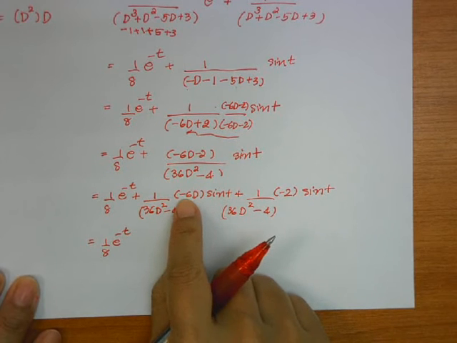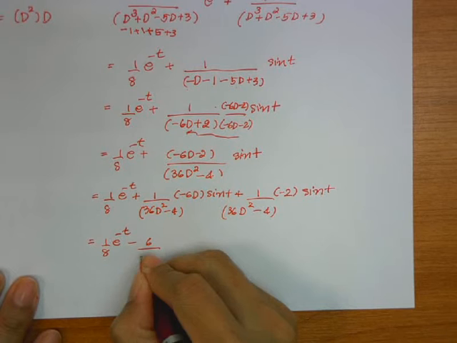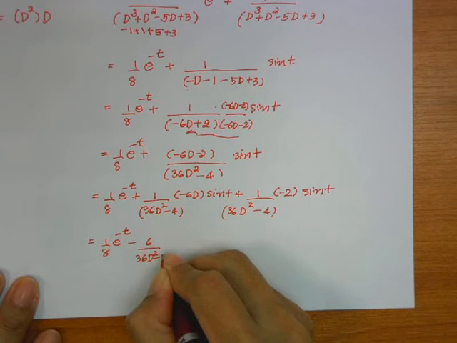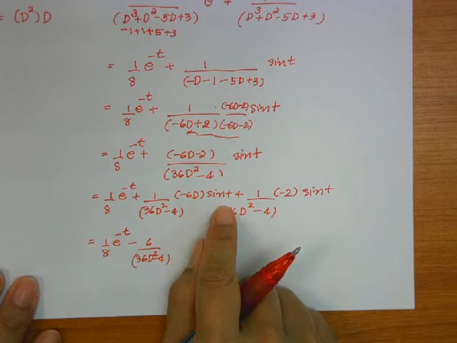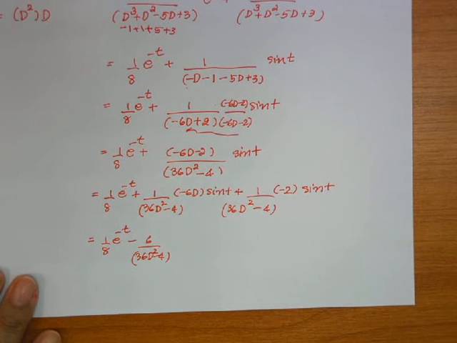Now, minus 6 is a constant, you can take it out. You have d sine t. What does it mean by d sine t? The first derivative of sine t by t. What is d sine t then? What is the first derivative of sine t?